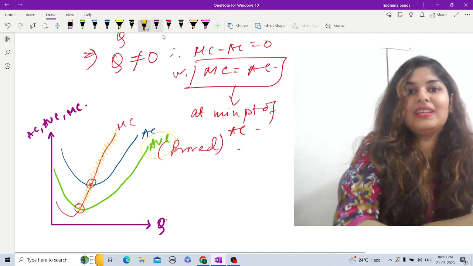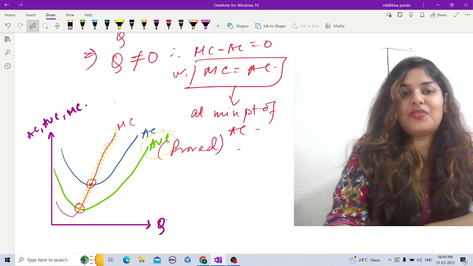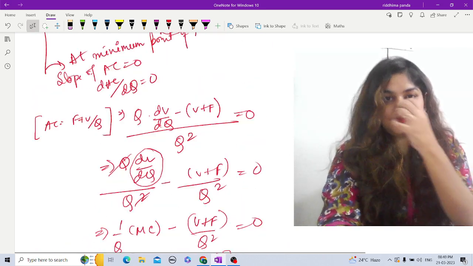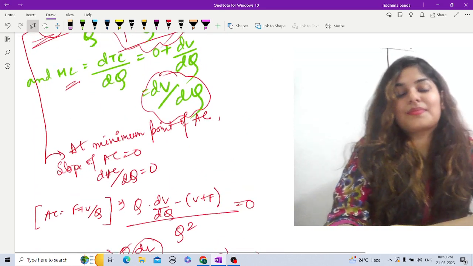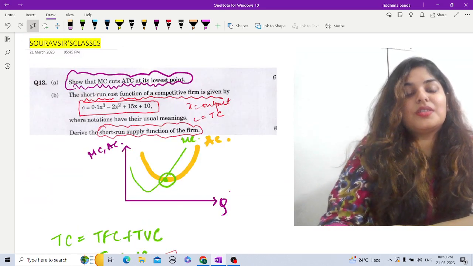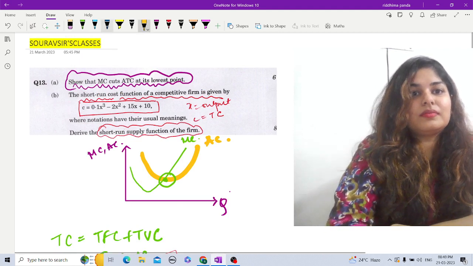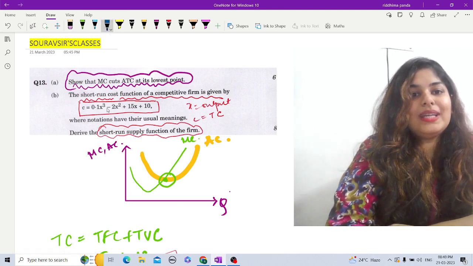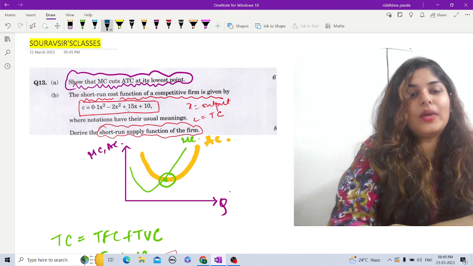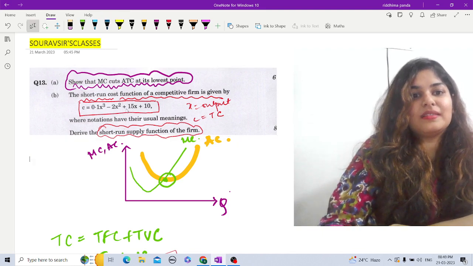So to begin with our question, let's write down our cost function first. The cost function is 0.1x cube minus 2x square plus 15x plus 10.